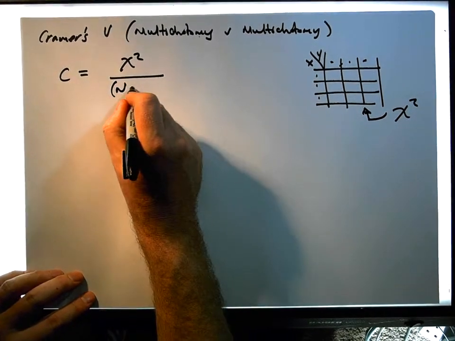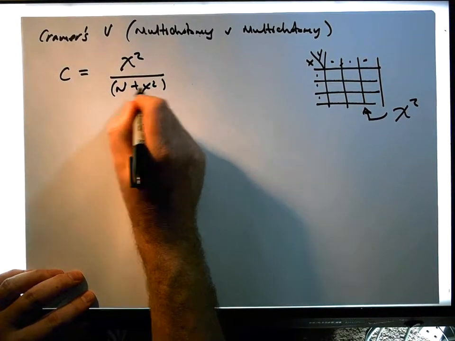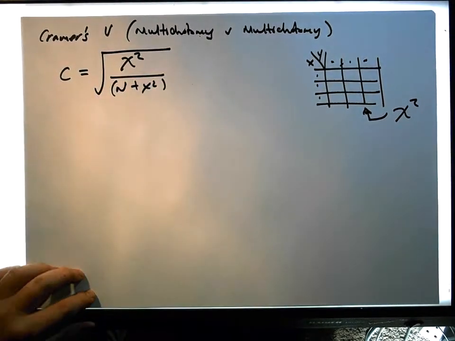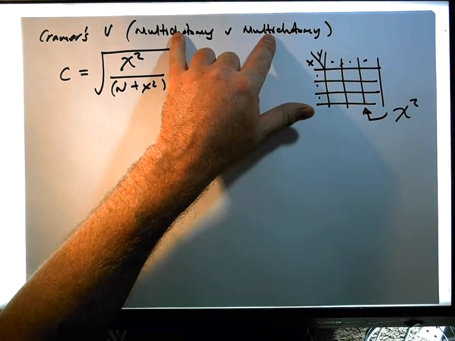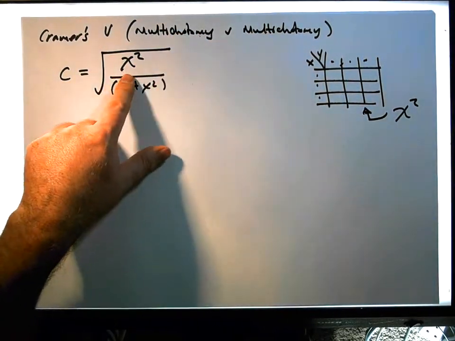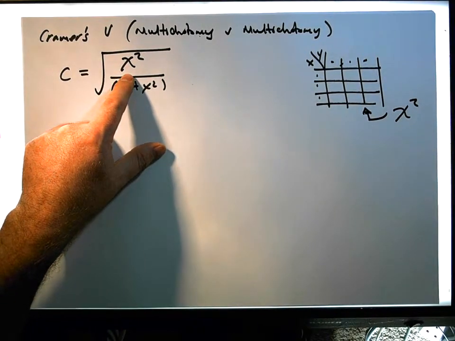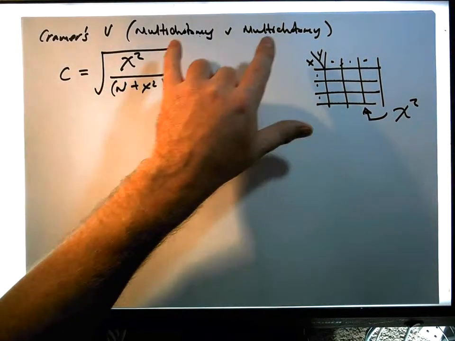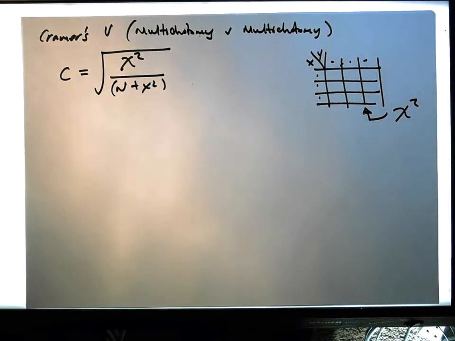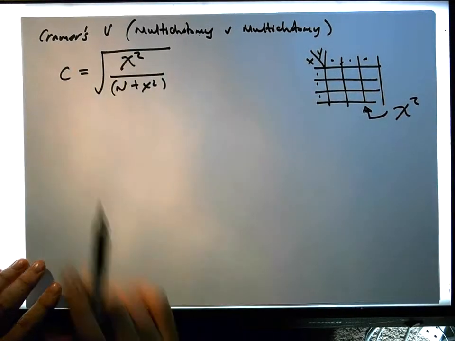So we have n plus the chi-squared value, and it's the square root of that. So to calculate Cramer's V when you have a multichotomy and a multichotomy effectively boils down to calculating the chi-squared test statistic, the chi-squared measurement between both of those variables. But anyway, there's the formula.